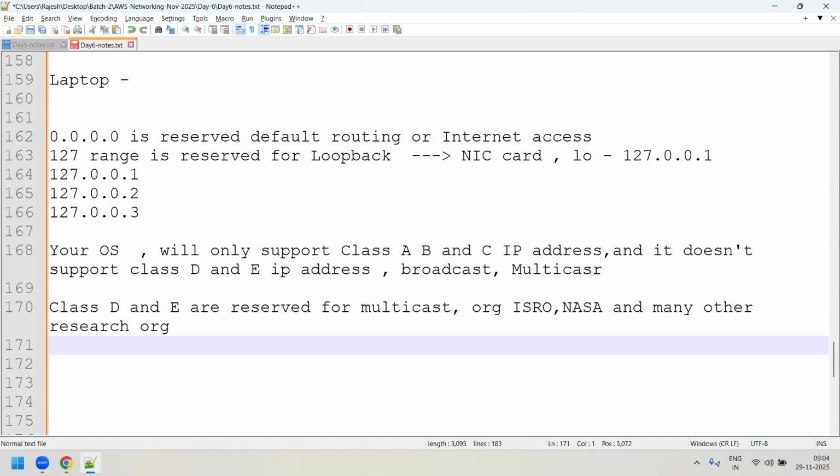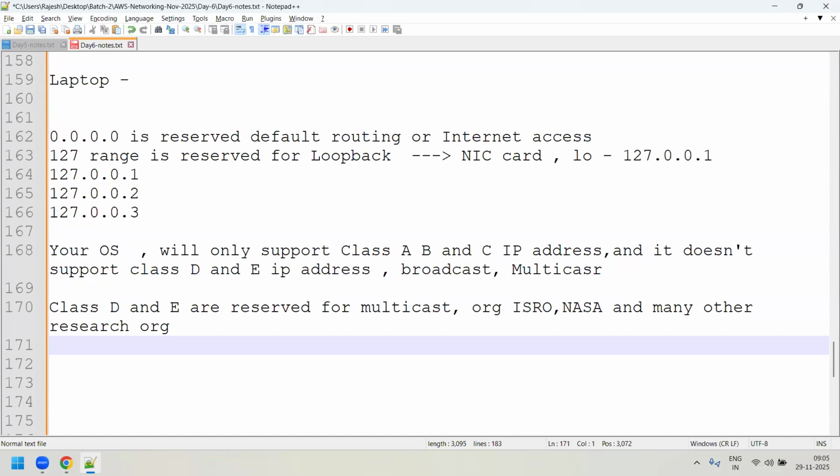Chandrayaan was launched to the moon, and it was connected with multiple different devices and systems, and the scientists could control Chandrayaan from multiple devices, multiple computers. They were using those multicasting IP addresses. It's not controlled by only one machine. The device is connected with multiple different systems, so they were able to control it from any of the different machines, because they were using multicasting IP addresses. That's how it is. Am I clear, sir?